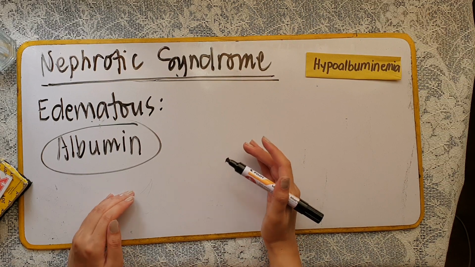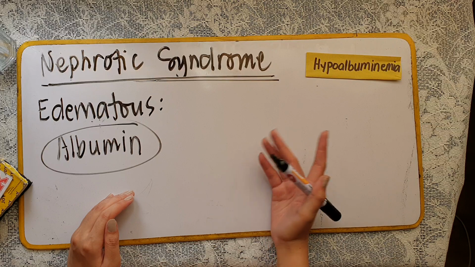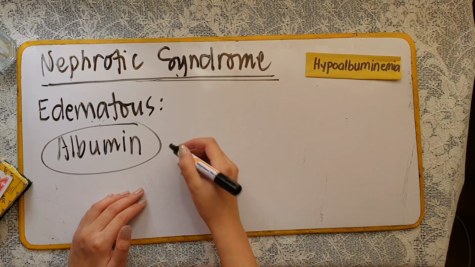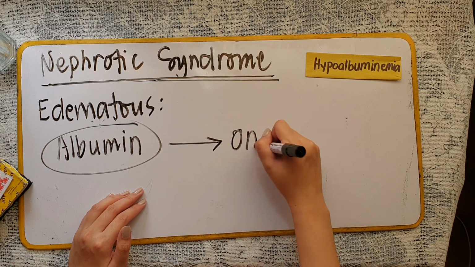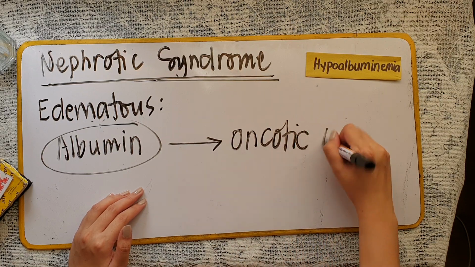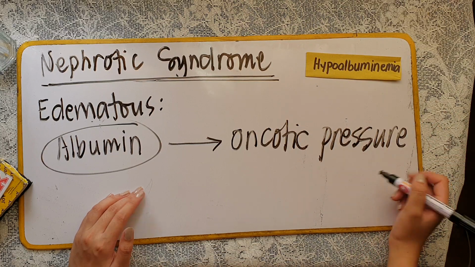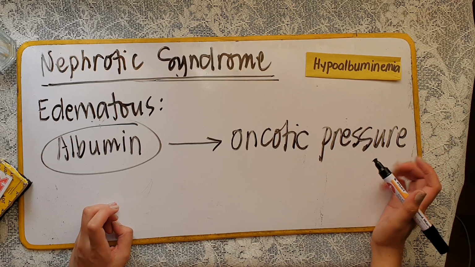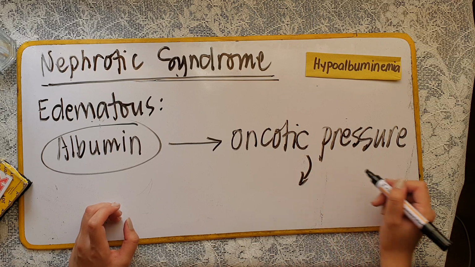Okay? Again, you recall the function, the importance of your albumin: it contributes to the oncotic pressure. It maintains the oncotic pressure in the capillaries. Di ba tama?